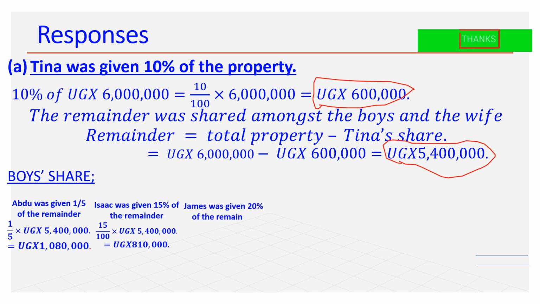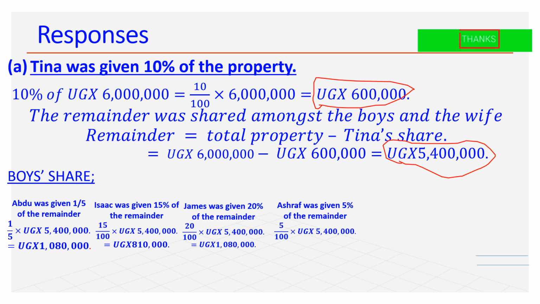James, who was given 20% of the remainder, this also gets us 20 out of 100 times 5,400,000, and this gives us 1,080,000. So 1,080,000. That is for James. Ashraf was also given 5% of the remainder.